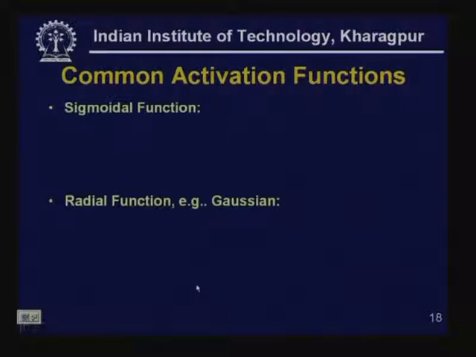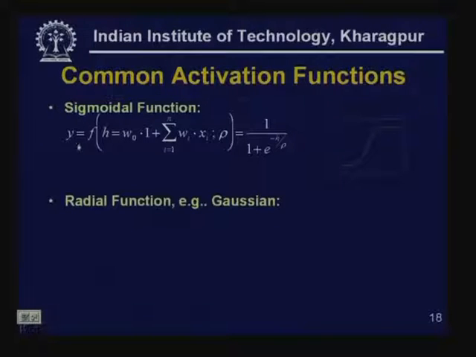So, there are other activation functions that we can consider. We do not want to use a linear thresholding unit because it is not differentiable. So, we will try to use functions which are continuous and differentiable, and at the same time which give us representational power.